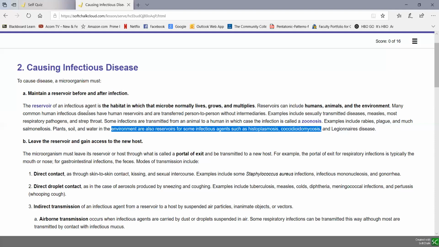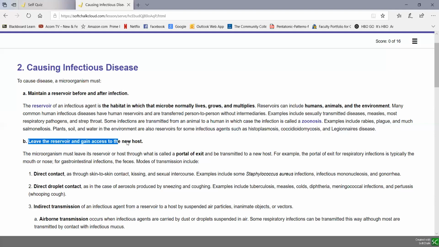So the organism has to have a reservoir somewhere, a human or an animal or someplace in the environment where it normally grows, lives, and multiplies. Then to cause disease, that organism has to leave the reservoir and gain access to a new host. So the way in which an organism leaves a host is called its portal of exit.